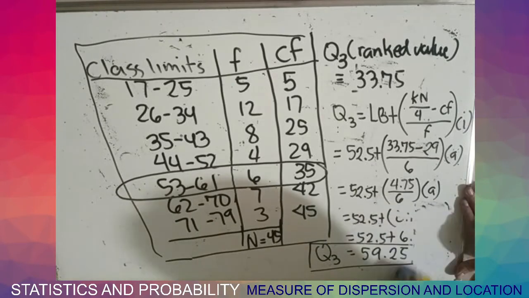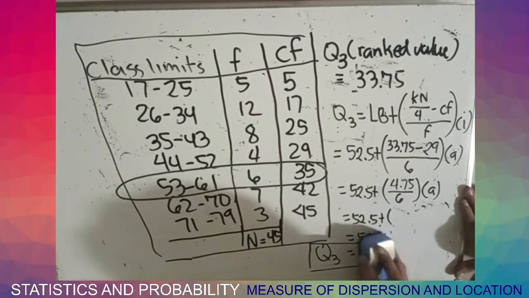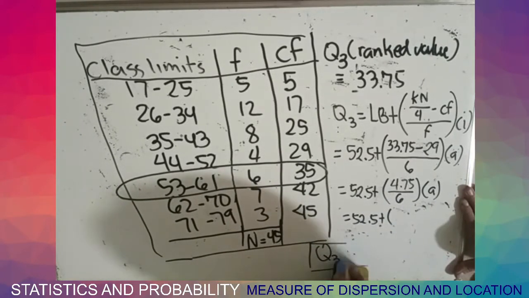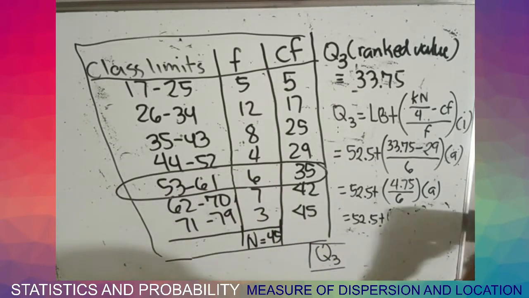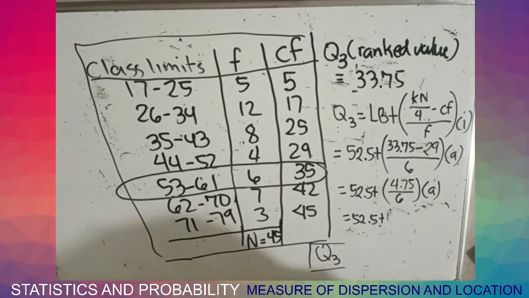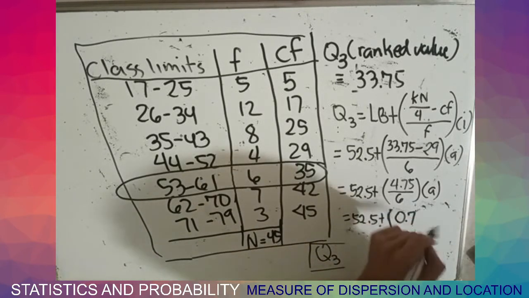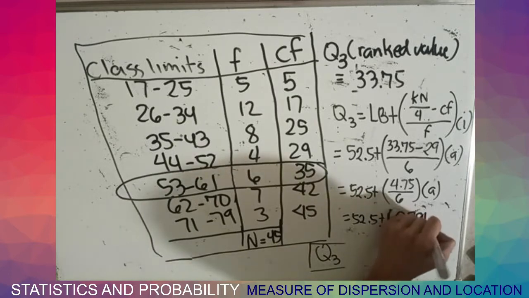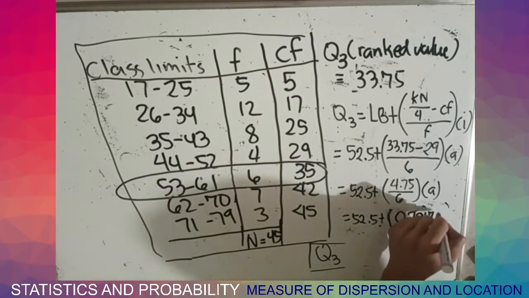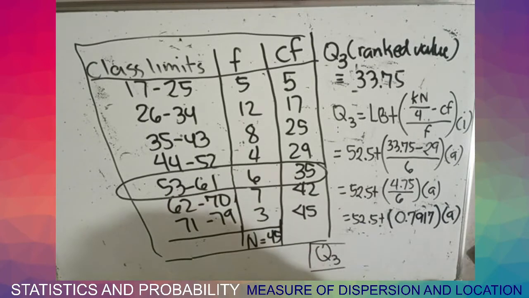Nagkamali lang ako ng type, kaya nagkamali ako ng solve. Ulitin natin. Divided by 6, so yun ay 0.7917 times 9. 4 decimal places yung ginawa ko.